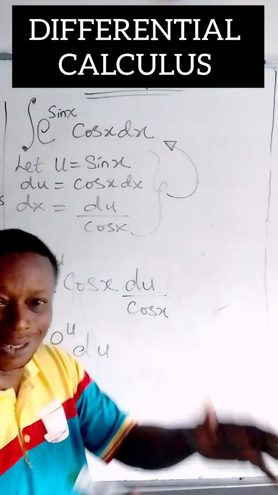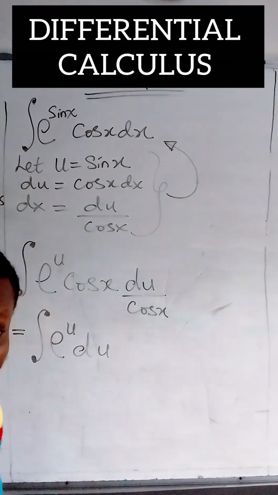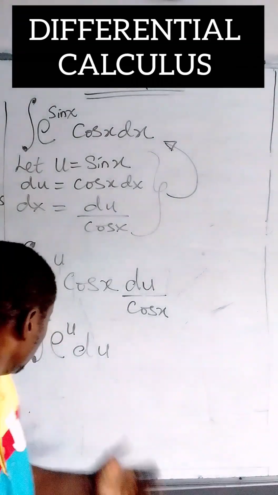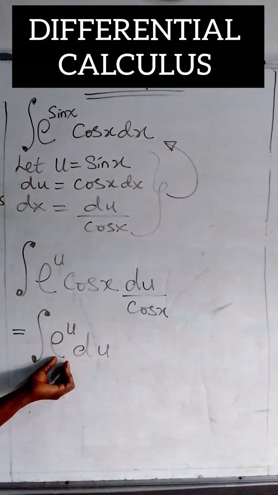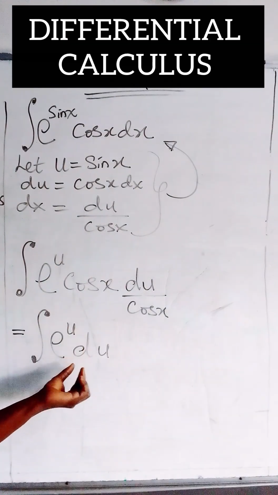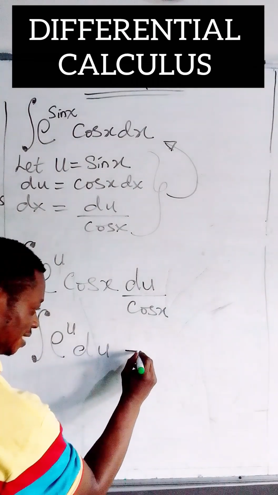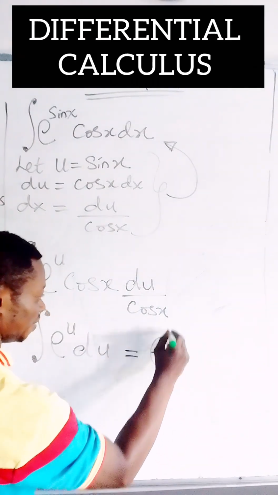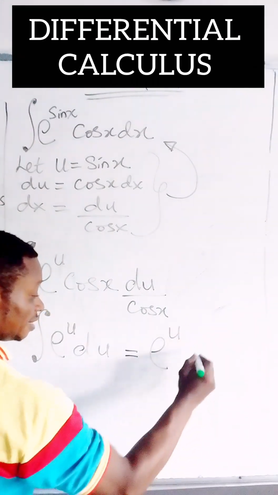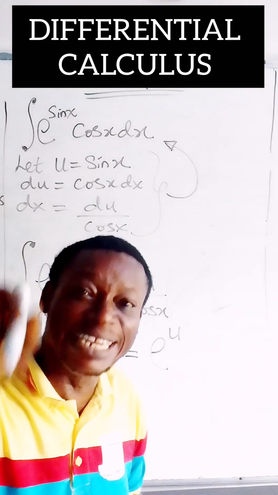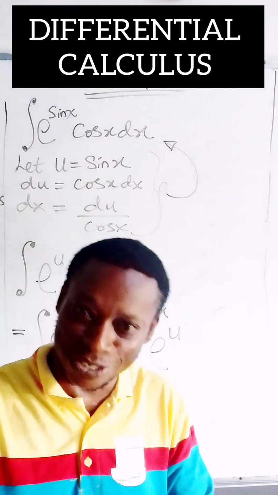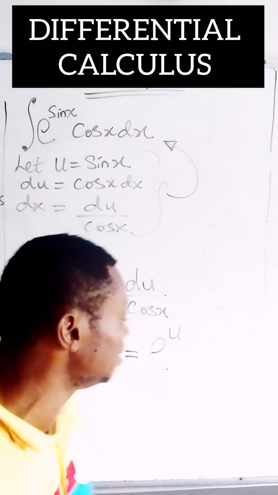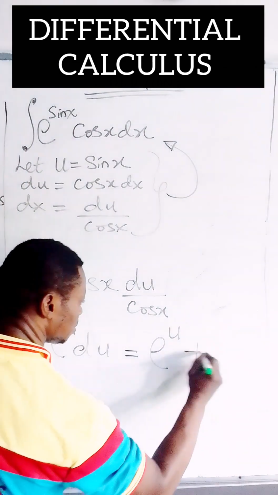Rather than going this way and that, we have obtained the answer in a systematic manner. So the integral of exponential u with respect to u is of course itself, exponential u. But this time around, since it is an indefinite integral, we have to introduce a constant of integration. So plus c.